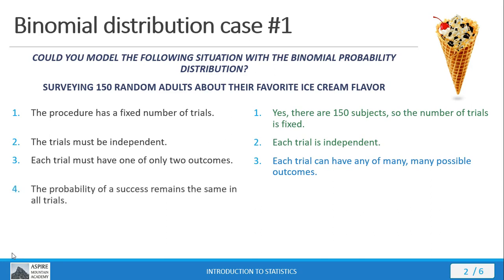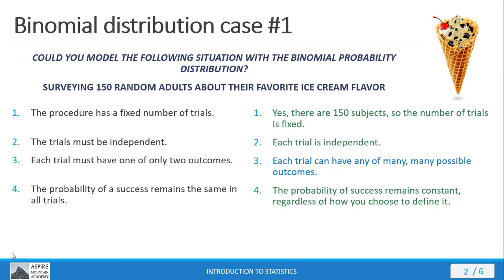The last requirement is that the probability of a success must remain the same in all the trials. Do we have this requirement met? Well, I hope you said yes, we do. The probability of success remains constant, however it is that we're defining success.